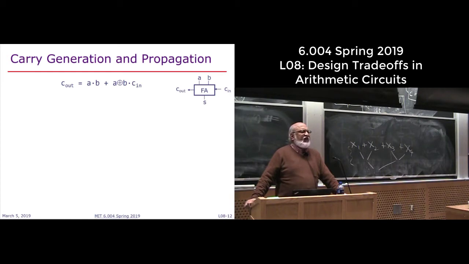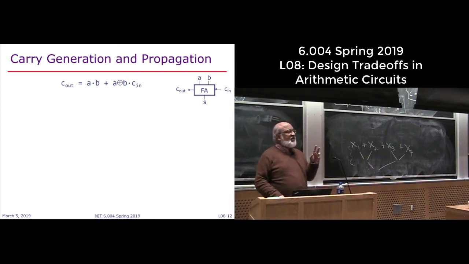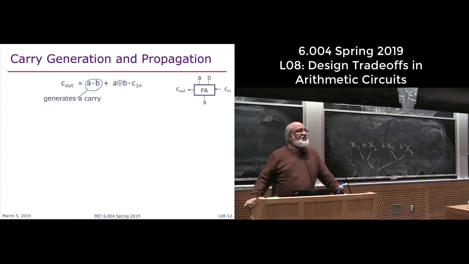What do you think of A dot B? What does it tell you? If you just read this Boolean formula, this says this full adder is going to generate a carry if both A and B happen to be 1, regardless of what Cn you have. Right? So we call it generates a carry.